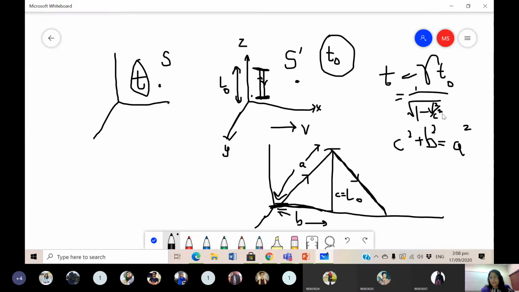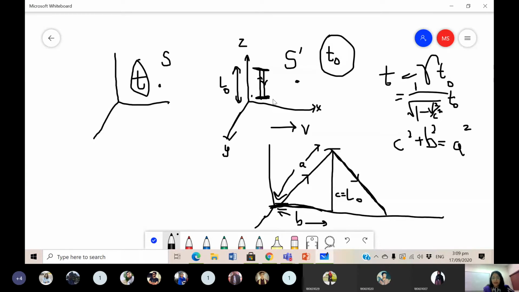Yes? This is a relativistic factor. So that's what we want to derive. Now this length C is going to be equal to L naught because nothing is happening to this distance.